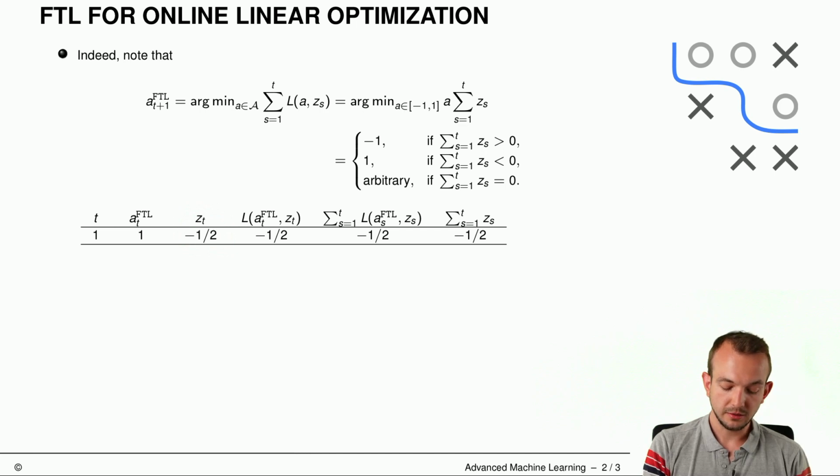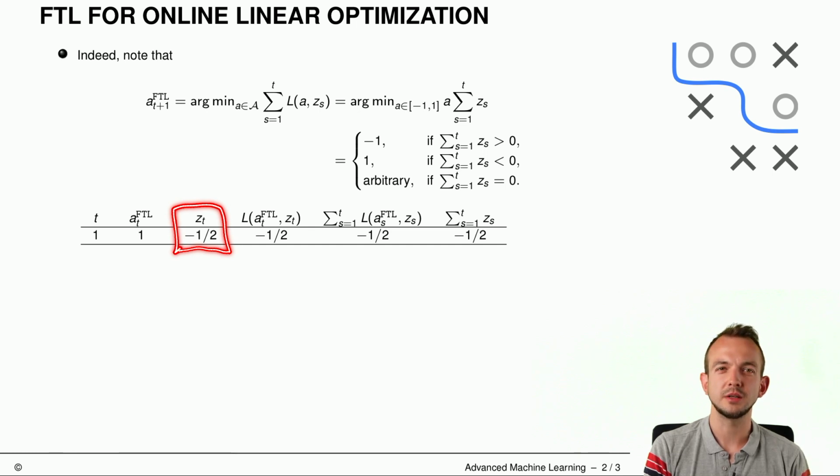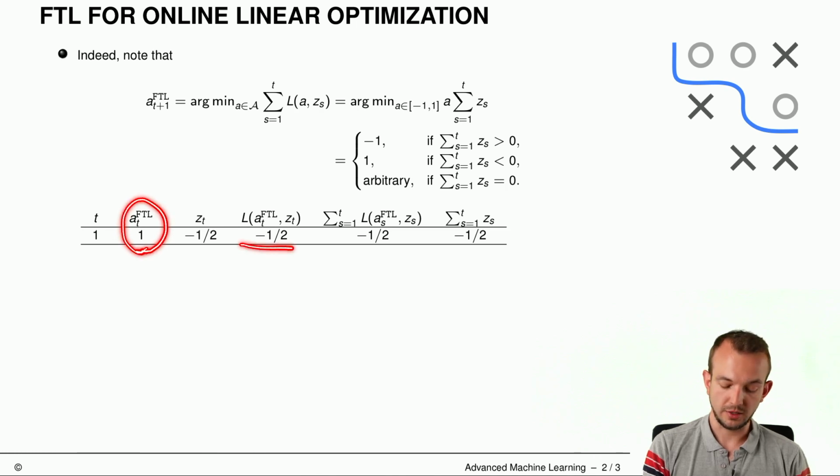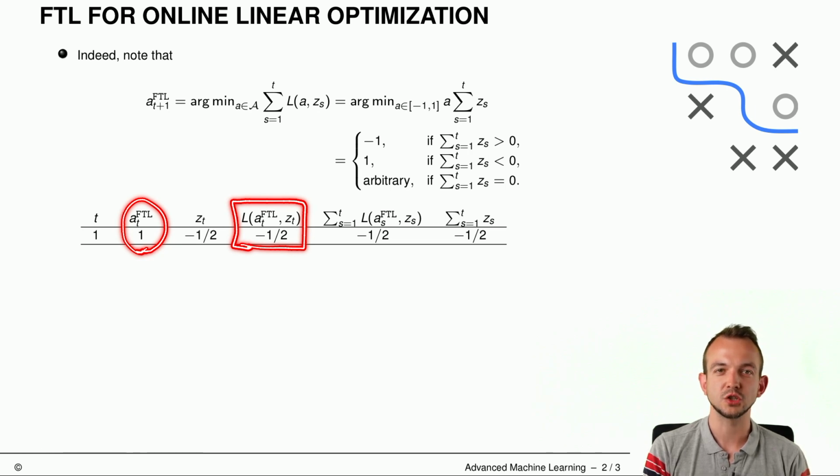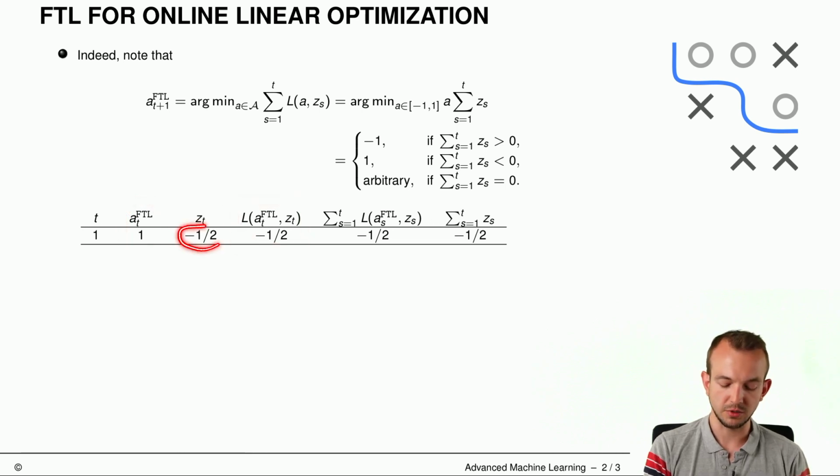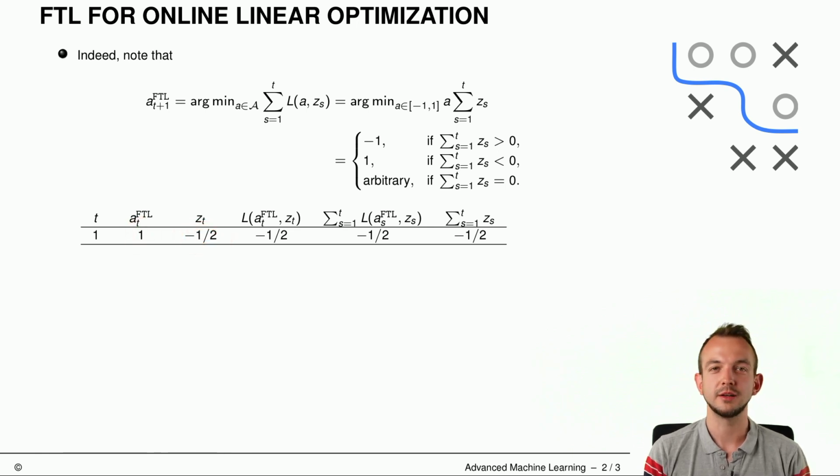Taking into account that we are looking at the linear loss, the best action we could take if -1/2 is the environmental data point is the 1, because then we have the smallest possible linear loss. Linear loss is multiplying the action with the environmental data point, and we make it as small as possible if we multiply the -1/2 with the largest positive value we can have.